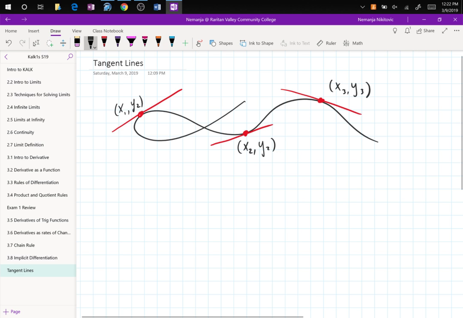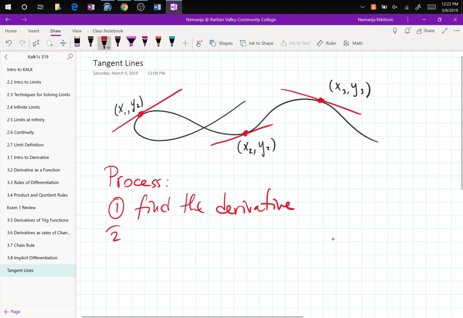The process of finding a tangent line is straightforward. Number 1, find the derivative. Number 2, m is equal to the derivative computed at a.